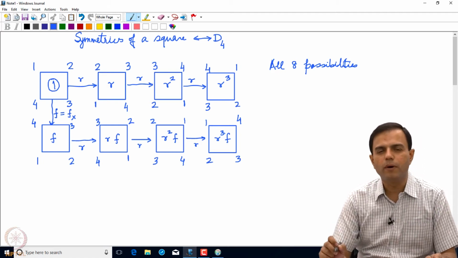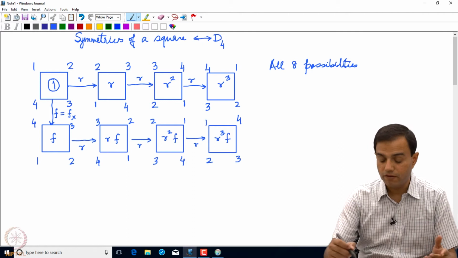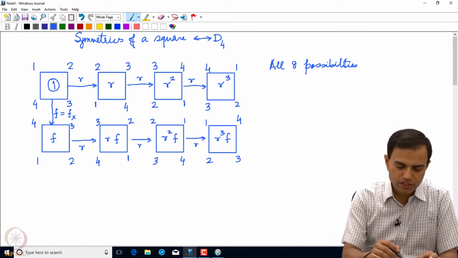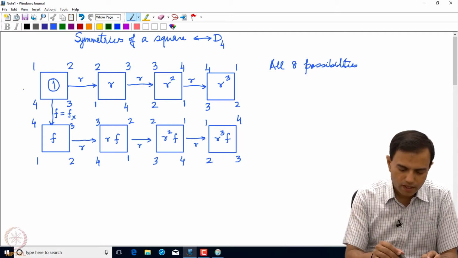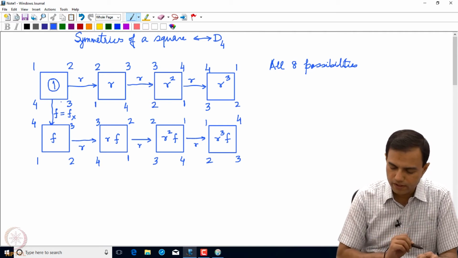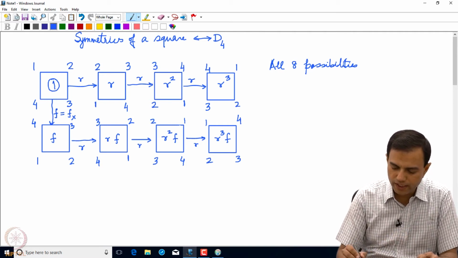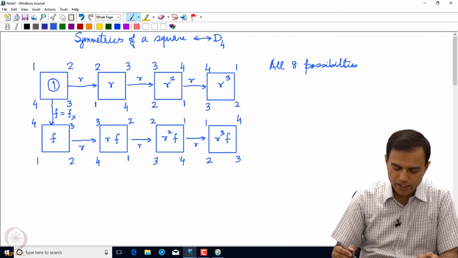What about flipping about the y-axis? Have I already covered it? Let's see, this is the original position, and flipping about the y-axis will be 2 here, 1 here, 3 here, 4 here. It is this one.